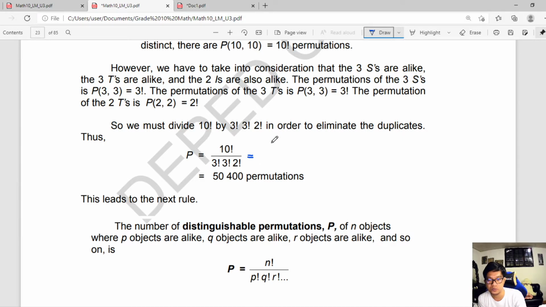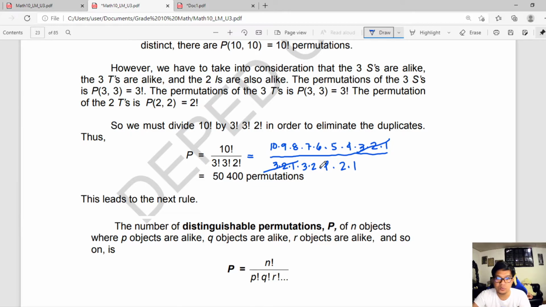We're going to extend this one. That is 10, 9, 8, 7, 6, 5, 4, 3, 2, and 1, divided by 3 factorial, 3 times 2 times 1, another 3 times 2 times 1, times 2 times 1. So, eliminate natin ito, 3 to 1, 3 to 1. So, ito na lang.